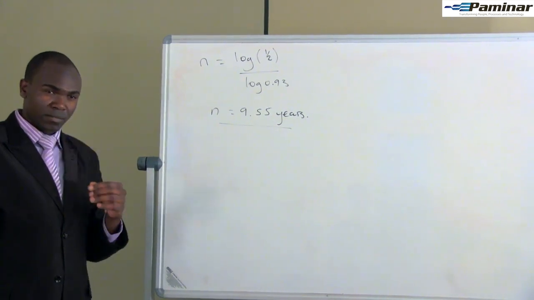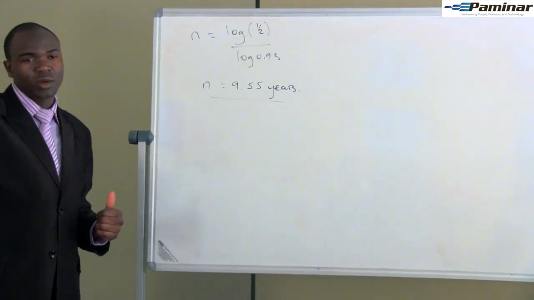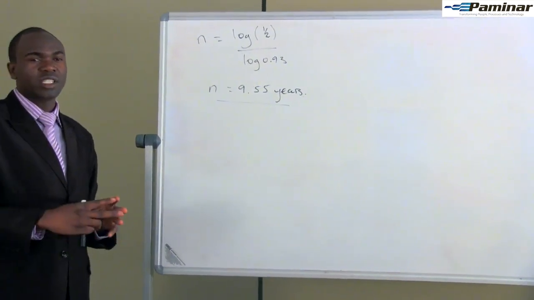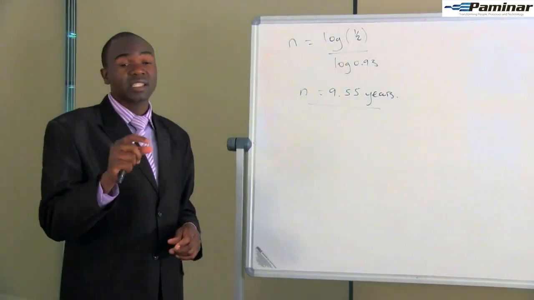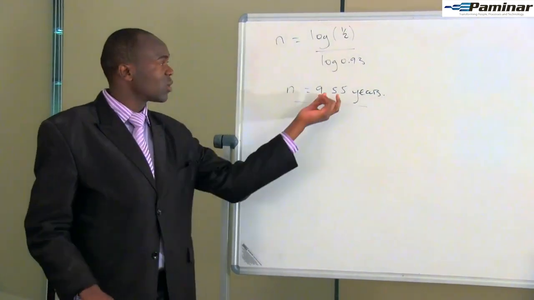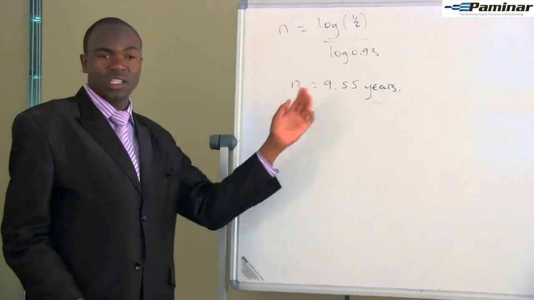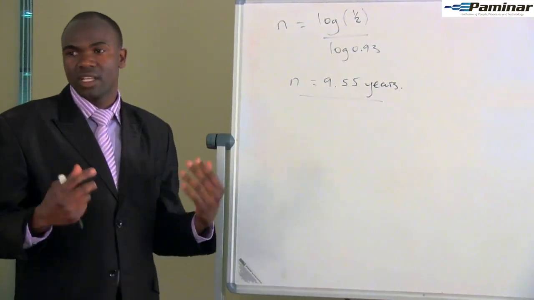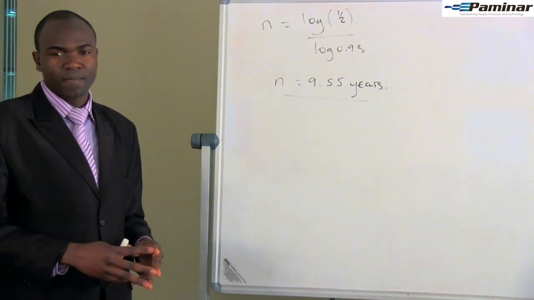Am I supposed to do that? For this one, there was no need. Sometimes if the question just says how many years or how long, you don't need to express it in months. Unless it specifically says express in months, then you have to multiply by 12. But if it's just years, then 9.55 years, done. It's fine.